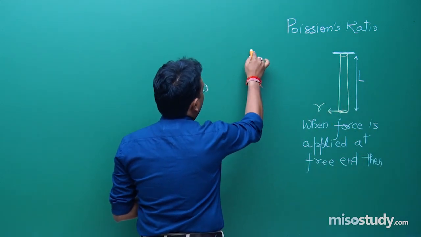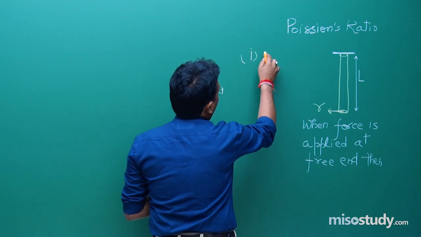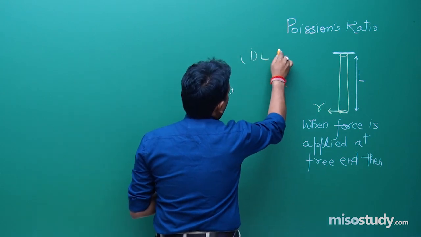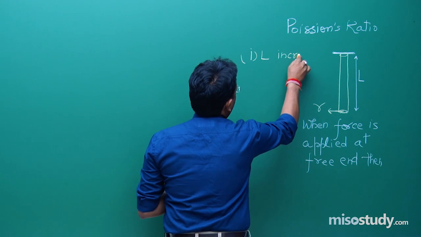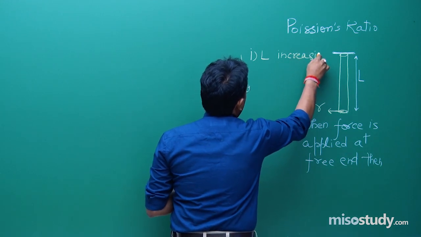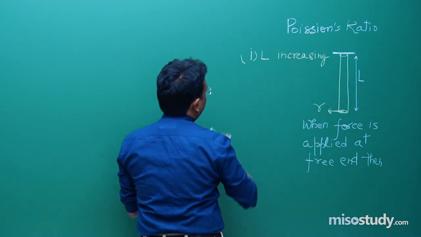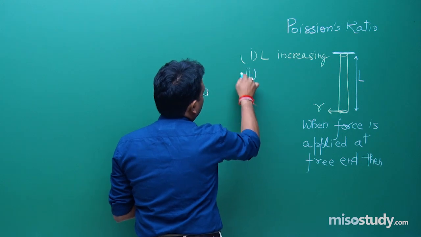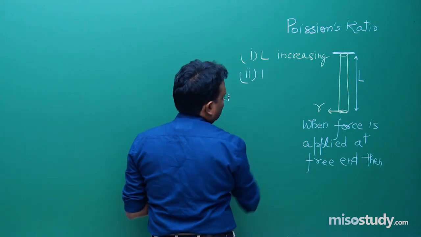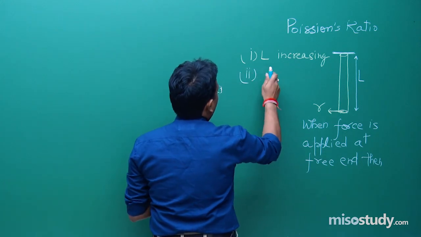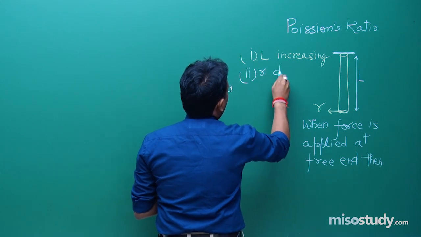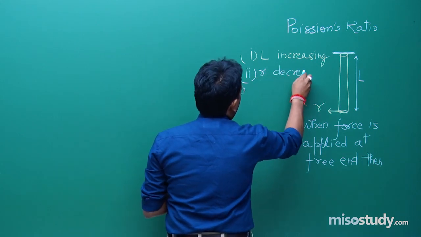Number 1, L increasing, and number 2, r decreasing.